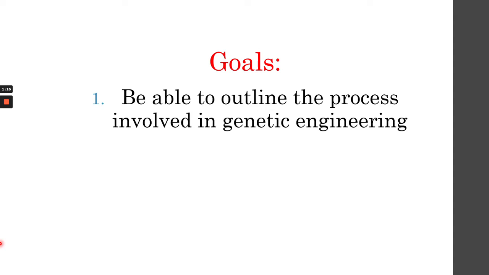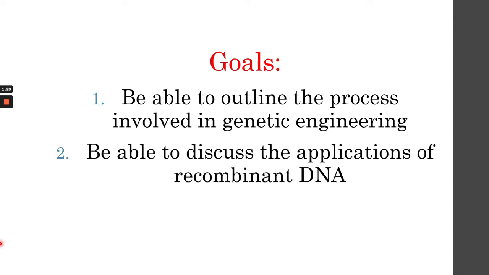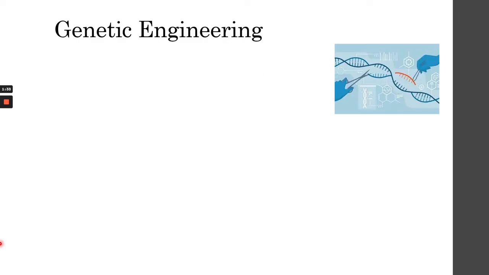But today we're just going to be a little more informed on what genetic engineering is. Next, we're also going to discuss recombinant DNA, what recombinant DNA is, and where we apply it.